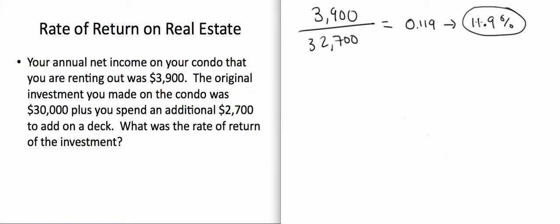So that's $32,700. So you're going to take $3,900 and divide it by 32,700, and you're going to get an answer of 0.119, which we know as a percentage is 11.9%. Okay, so that is our rate of return.